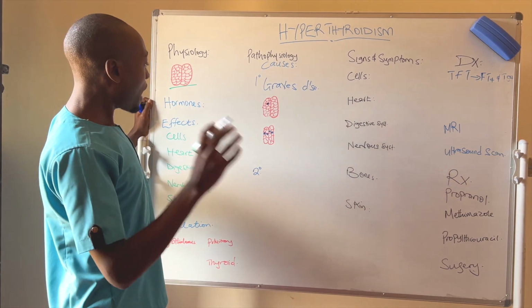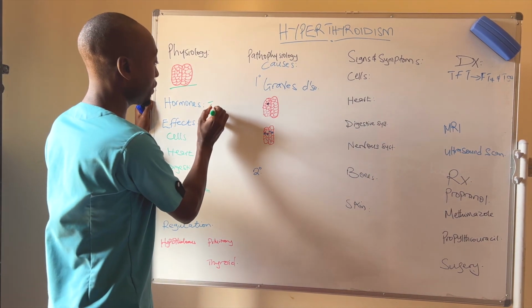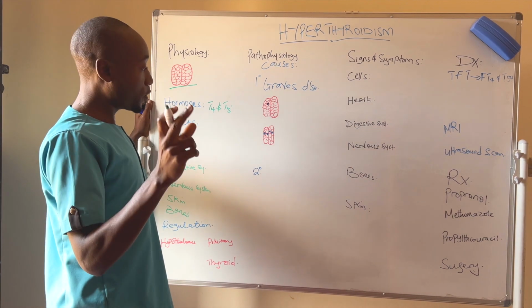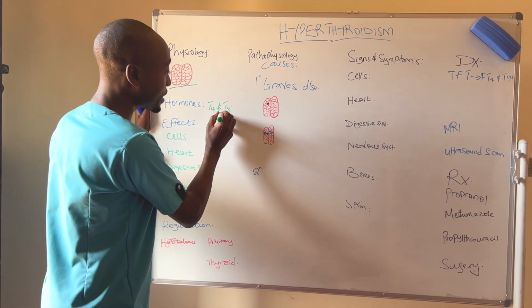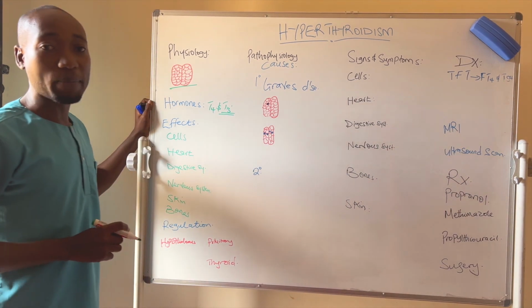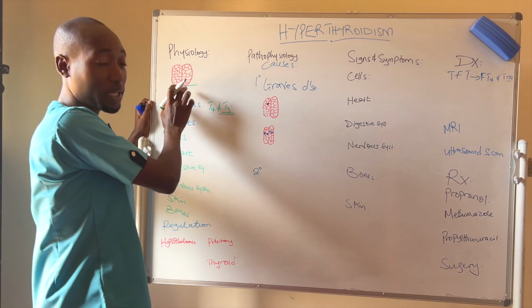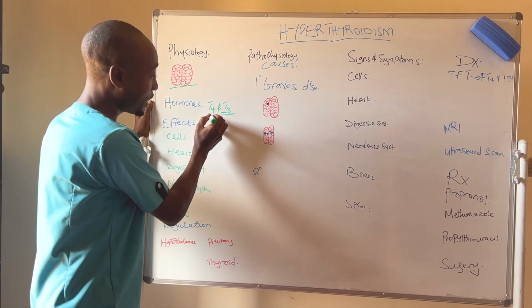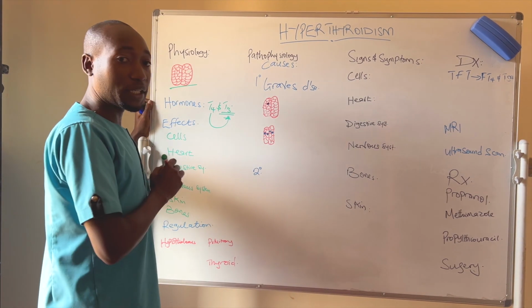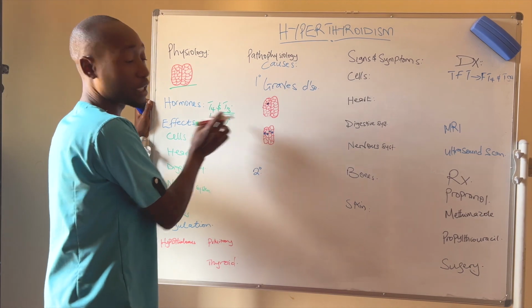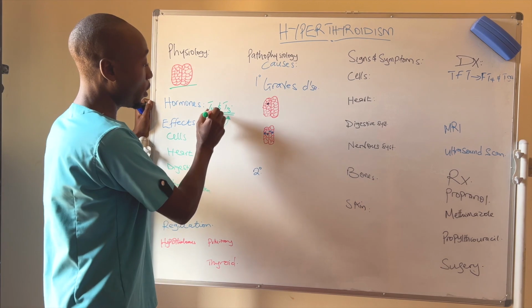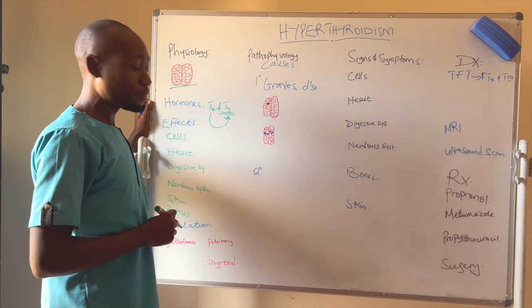It produces hormones that we call T4 and T3. But don't forget that T3 is the most active hormone produced by the thyroid gland. The body always converts T4 to T3, which is the active hormone.